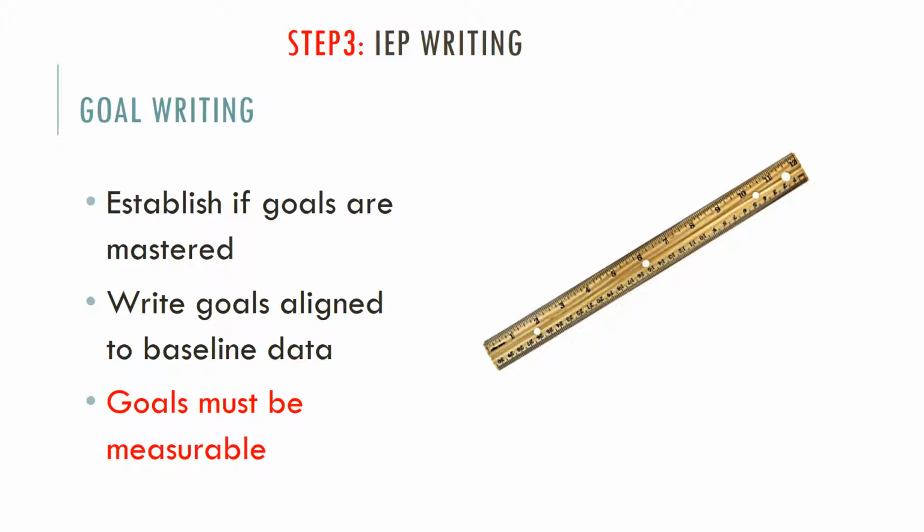I've often had times that the goal that was established a year ago wasn't appropriate and they haven't mastered the goal, but it needs to be expanded. For example, I write lots of goals that our student will write a 5-sentence paragraph with 6 or less errors in spelling and capitalization, because that's something that student needs to work on, and that can easily be measured. But maybe the student's moving into 6th grade and I know they're capable of writing 3 paragraphs.